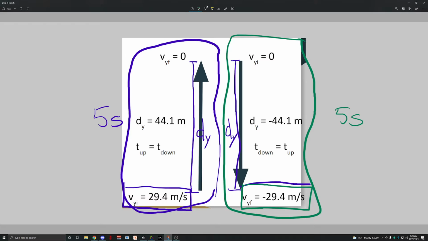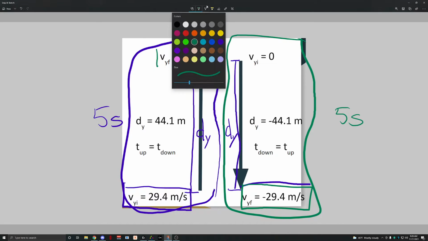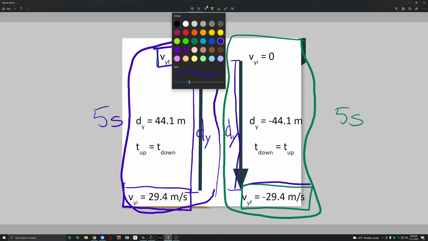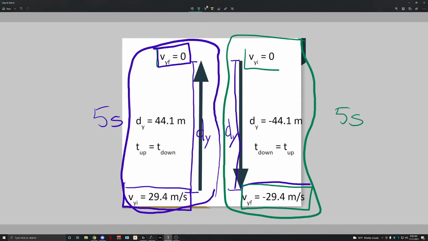And if you were only taking the path up, your final velocity would be 0 on your path up. If you're only analyzing your path upward, your final velocity would be 0. On the other hand, if you're analyzing your path downward, then your initial velocity would be 0, because you're going from max height to the bottom.